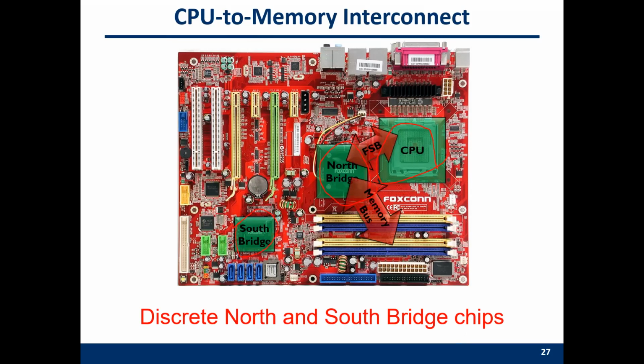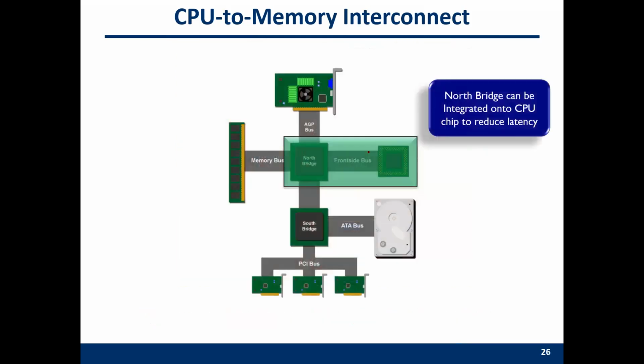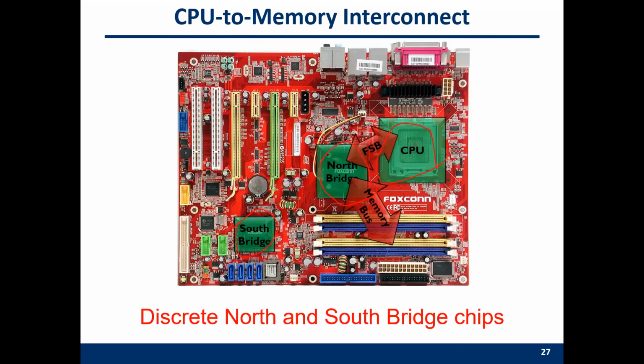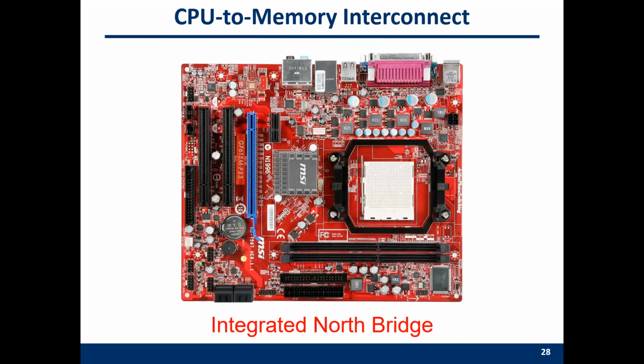So you can actually have a one-to-one mapping between this figure and this figure. They are the same. Now, more advanced CPU designs integrate the north bridge, the memory controller, on chip. So your CPU includes the north bridge, and now you only have a south bridge.